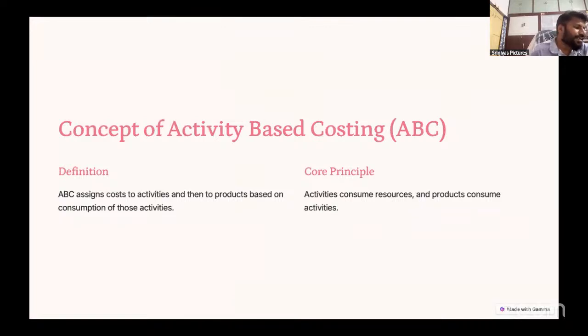After that, it assigns the cost to cost objects such as a product or service, based on the activities needed to produce each product or service. So that is called activity based costing.